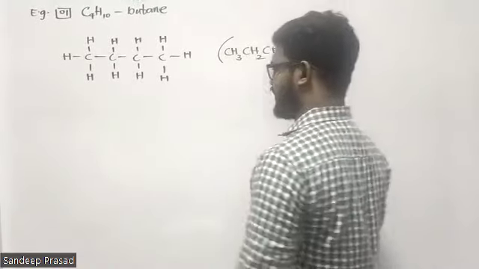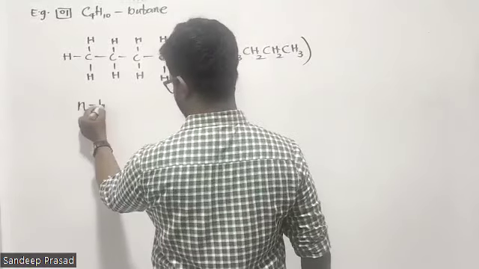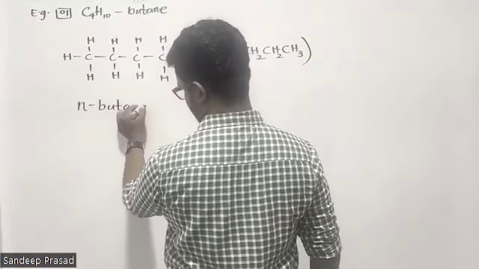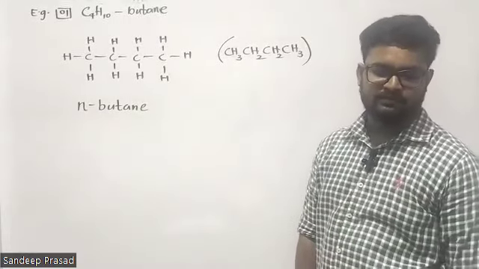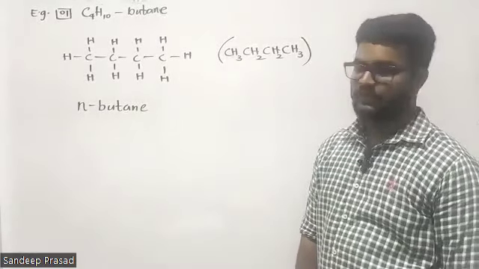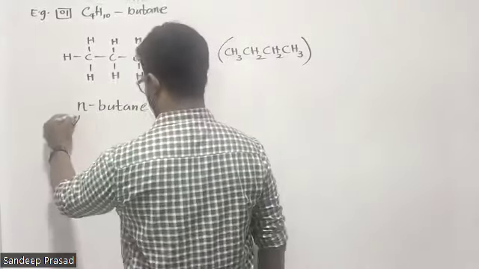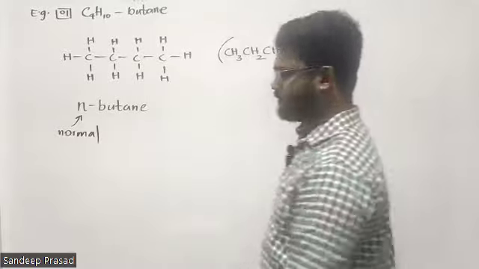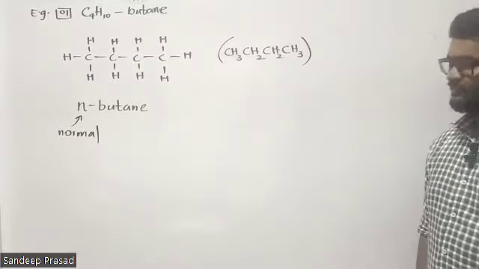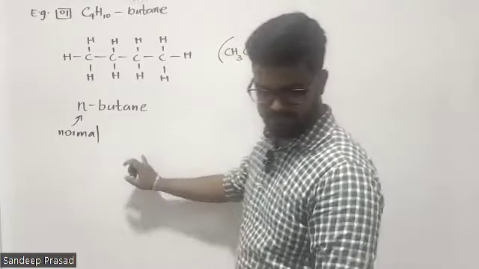Remember, students, this is known as n-butane. What is n for? N means normal butane. That means we have abnormal butane. Yes, for the abnormal butane, we have something else.